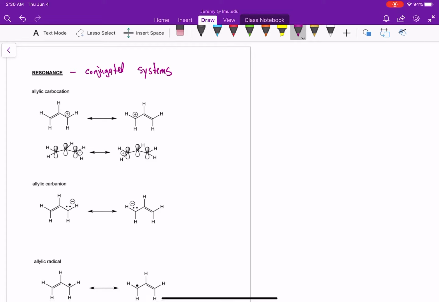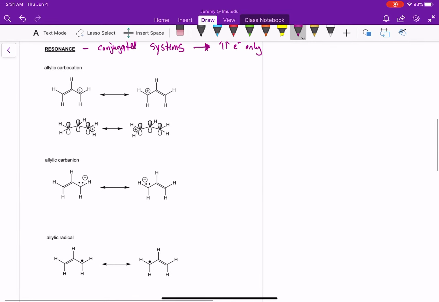So the majority of the time when we're talking about resonance structures, we're really talking about our pi electrons only, all right? So I just want to work through our three basic examples. Here we have a cation, okay? Another example where we have an anion, and then when we have a free radical, all right?